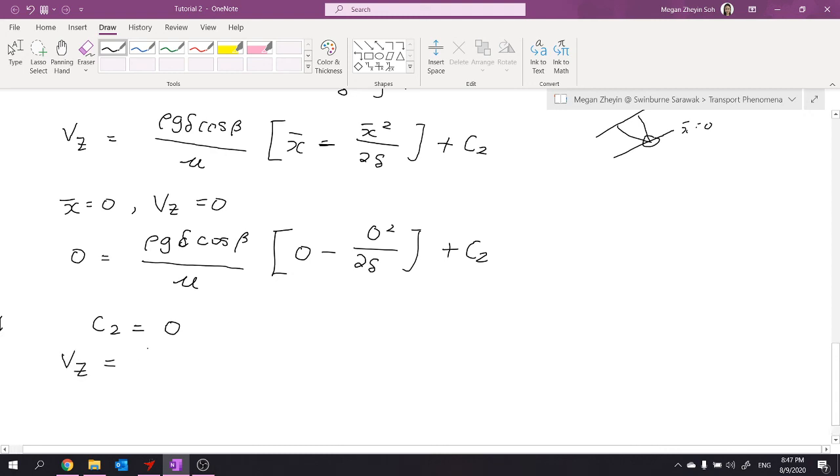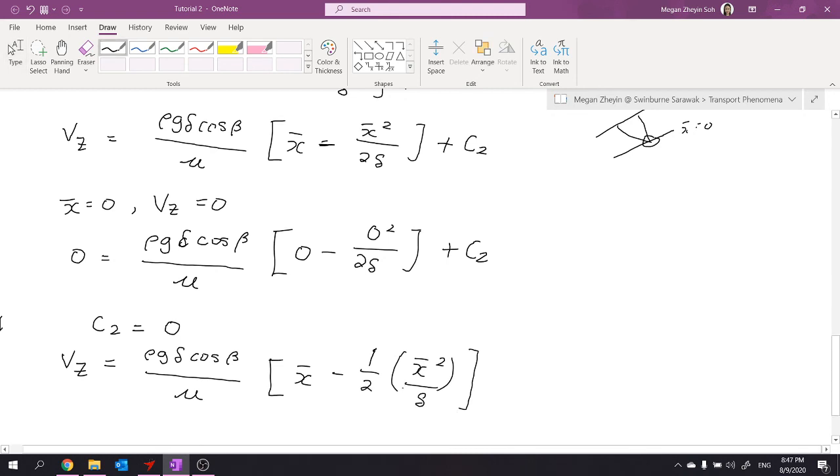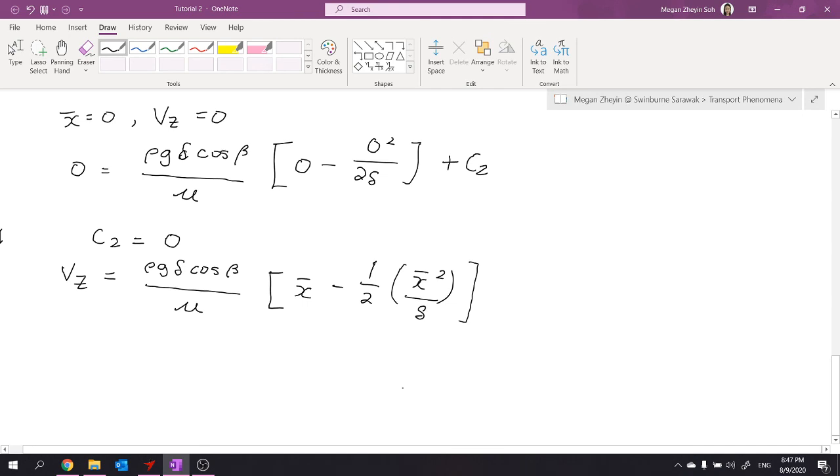Vz equals rho g delta cos beta over mu multiplied by x bar minus x bar squared over 2 delta. Now we can take out the delta, and that means Vz equals rho g delta squared cos beta divided by mu.